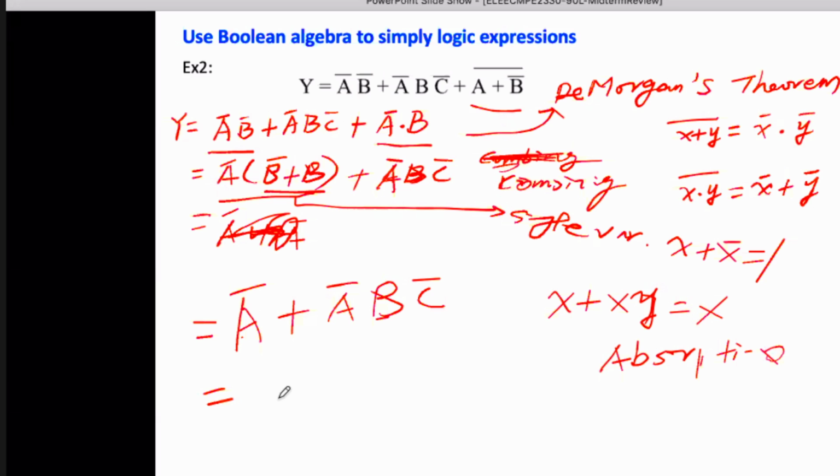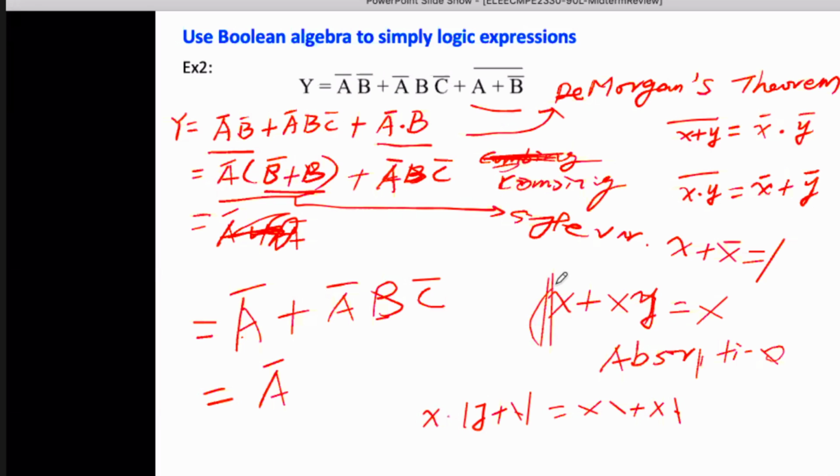Anyway, sorry. And then this equals A naught. So for Boolean algebra, there are several properties that are very commonly used. One is the distributive property, which means X times (Y plus Z) equals X times Y plus X times Z. Then another one is absorption, like this one.